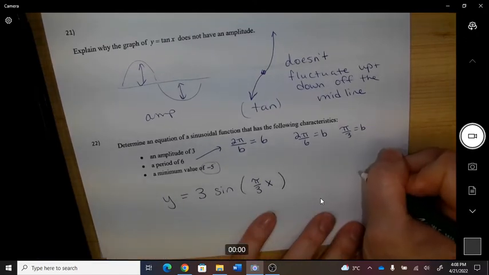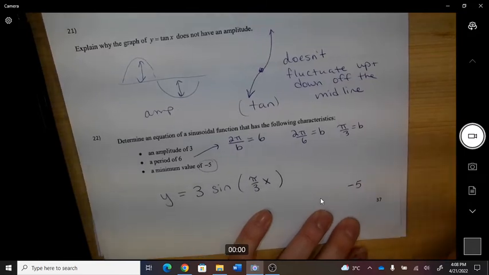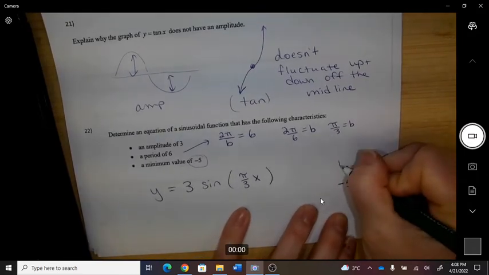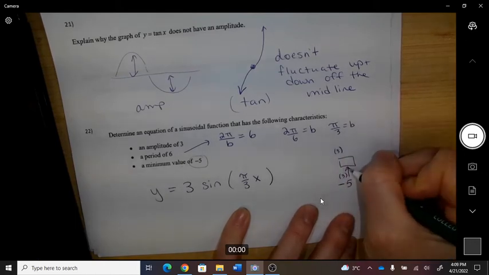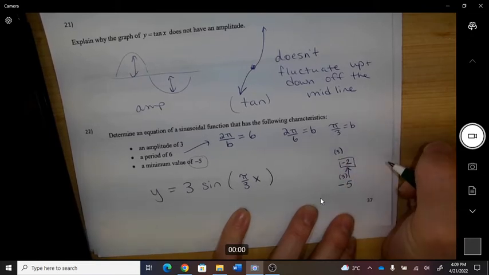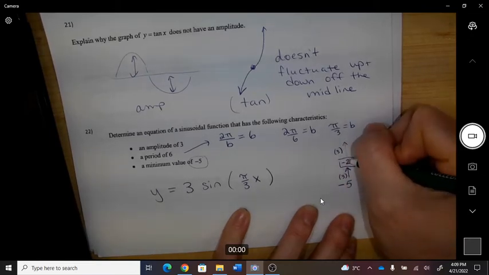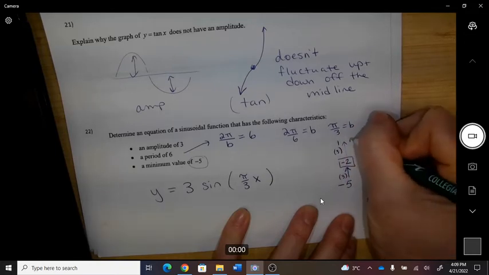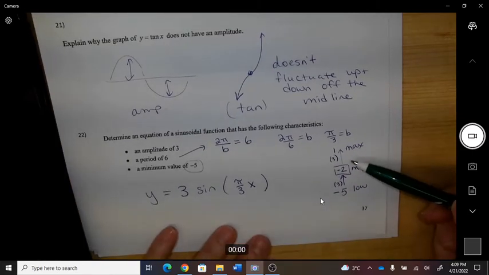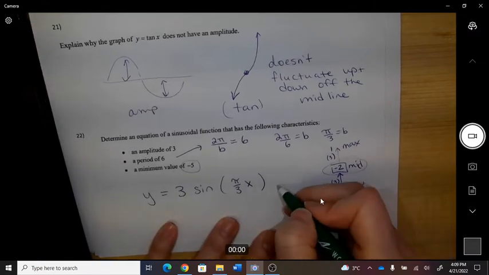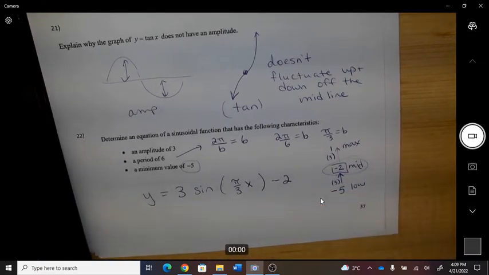So the min is -5. And then remember our amplitude was 3. So if I'm 3 above that, I'm at -2. If I'm 3 above that, I'm at 1. So this is the max, the mid, and the low. Okay, because I have to do 3 in between each. So the mid, I'm going to have to write a -2 for that. Okay, and you don't have to pick sine. You can pick a cos there because it doesn't specify.